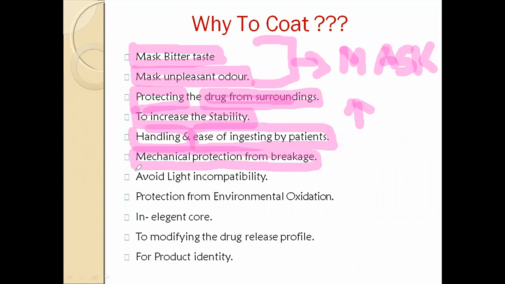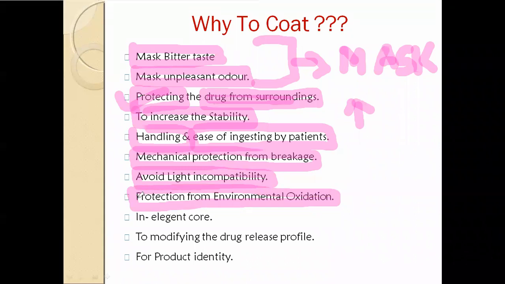It is also useful to avoid light incompatibility. So in the earlier point, we have talked about protection from the surrounding. When we talk about protection, it can be helpful for protecting the dosage form from processes such as environmental oxidation.